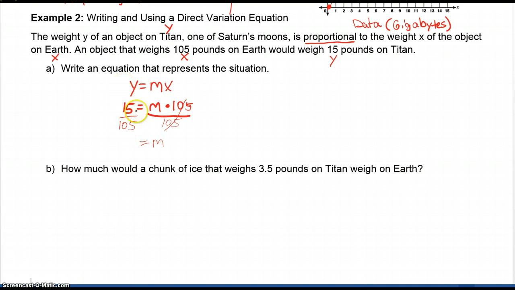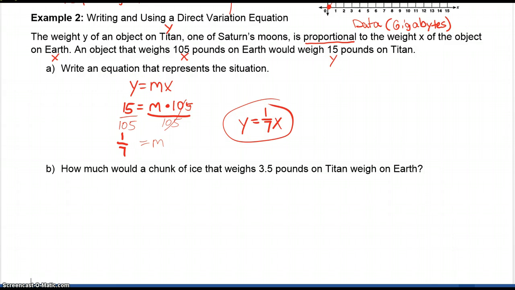And if you reduce this side, you can divide both the top and bottom by 15, and that gives you 1/7 for your m. So then the way you write equations, the m is the only thing you plug in at this point. So y equals 1/7 x. That is your final equation that it was asking you to write here.